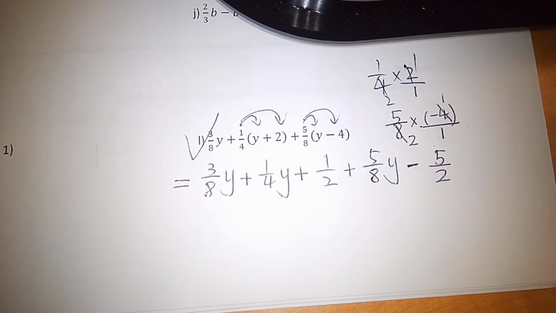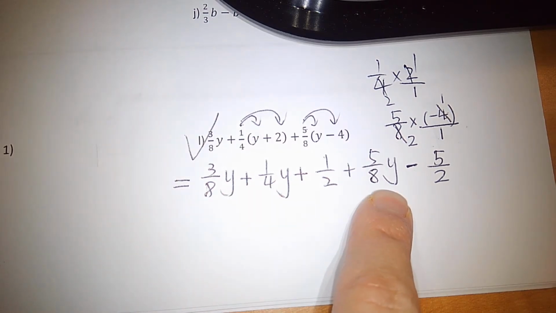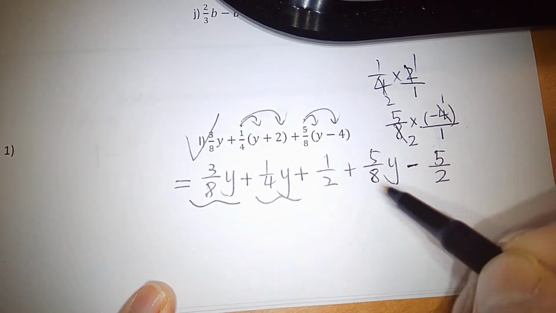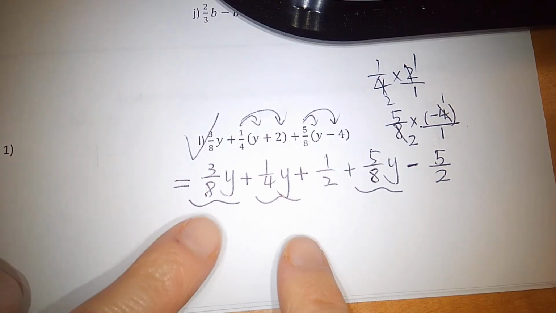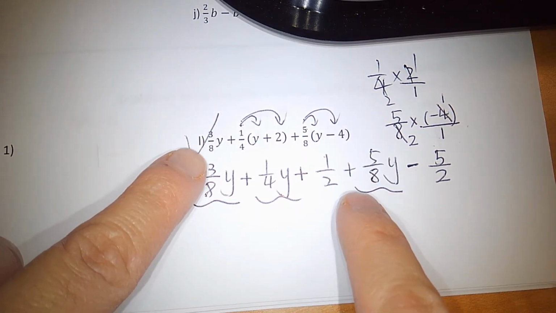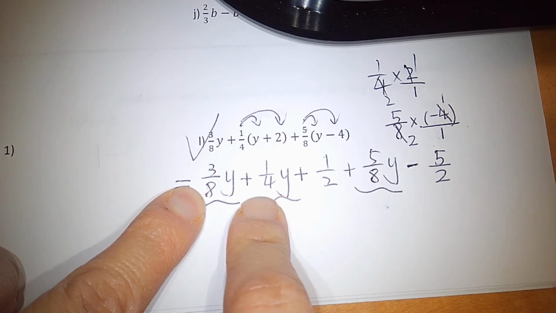Alright, like terms. See like terms? You see that, right? So these three are like terms. However, 3 over 8, 5 over 8. How about this one? It is not something over 8, right?